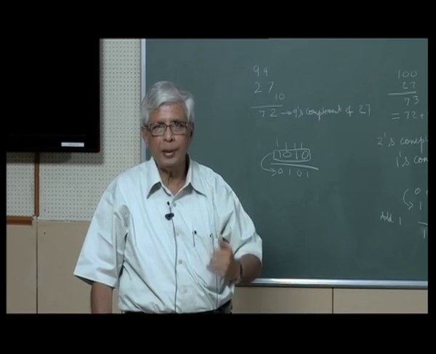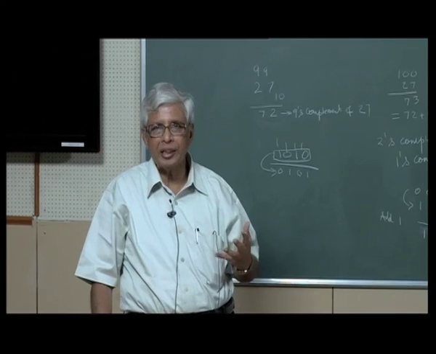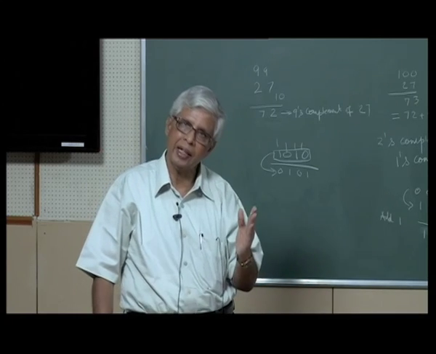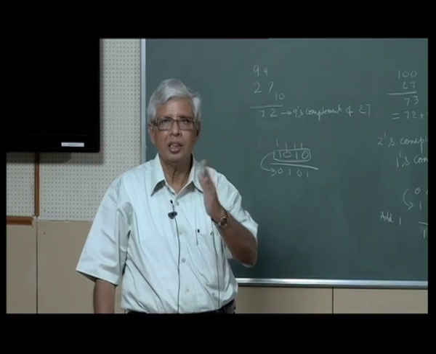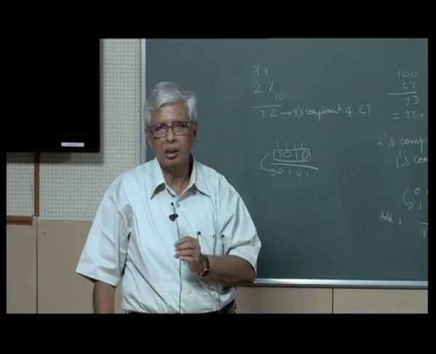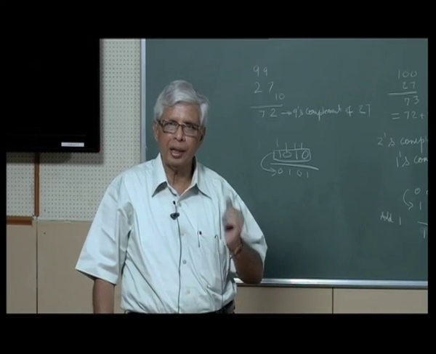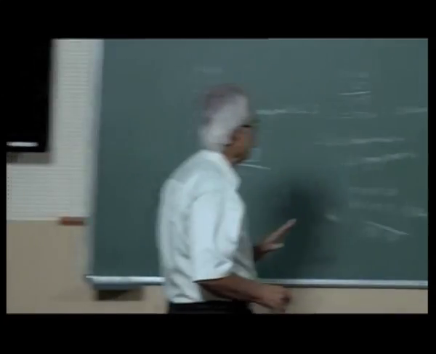In 1's complement, minus 127 to plus 127. If it is a 6-bit number, 1 bit goes for sign, so the rest is 5 bits: minus 32 to plus 31, or if it is 1's complement, minus 31 to plus 31, like that. Now this is the question.